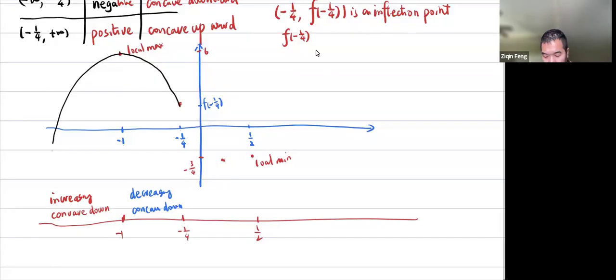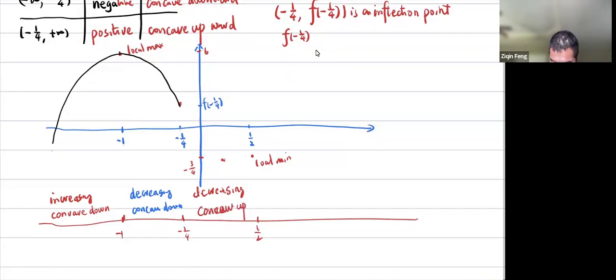And from -1/4 to 1/2, the function is still decreasing, but concavity changes. Concavity changes to concave up, right?